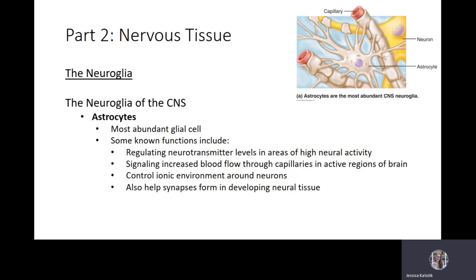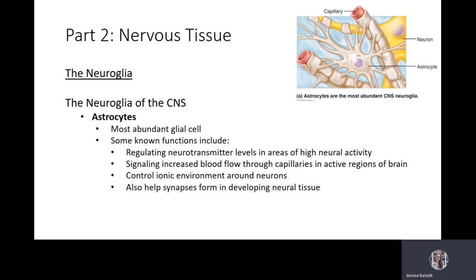But then that neurotransmitter will be returned to the first neuron that was communicating, the presynaptic neuron, and it can be used again. So it's a way of recycling, and astrocytes can help promote this reuptake of neurotransmitters in highly active places in the brain.